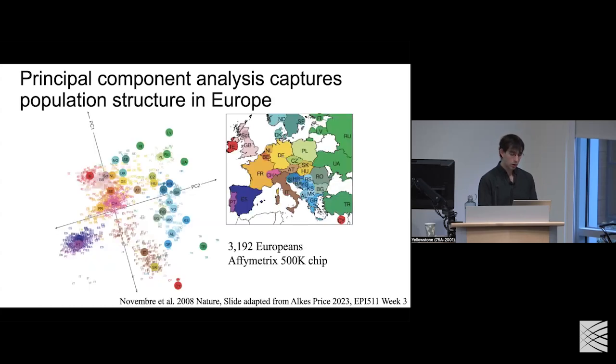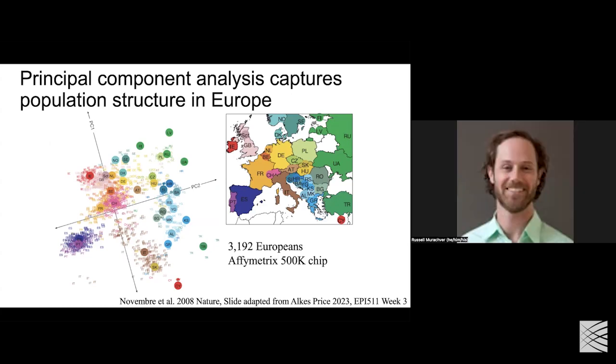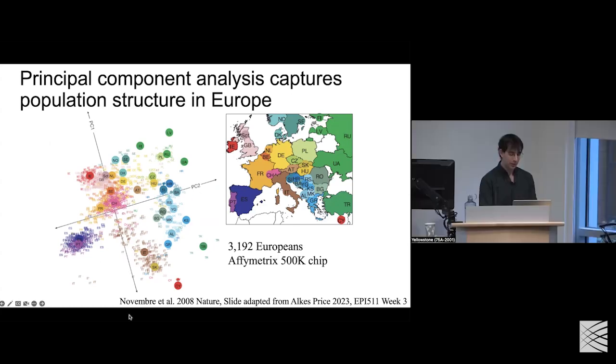So the next figure is like everyone's favorite figure. It's from Novembre et al., 2008, Nature. And what the authors do is they take a bunch of different European ancestry individuals and do PCA on it. And on the left, they have PCA. So this is just basically the maximal axes of variation in the genotype matrix.